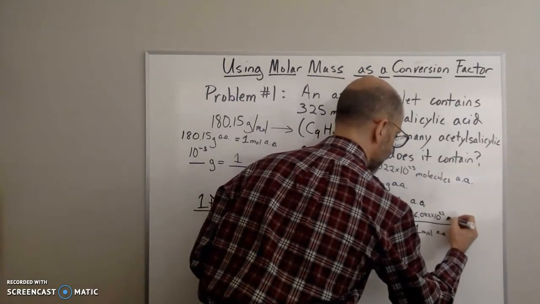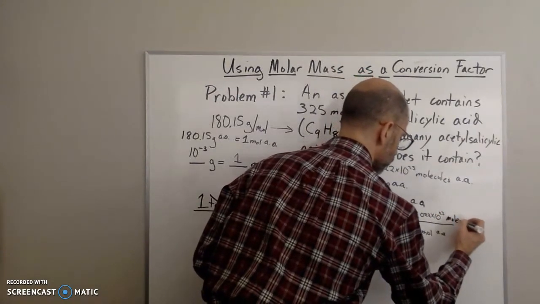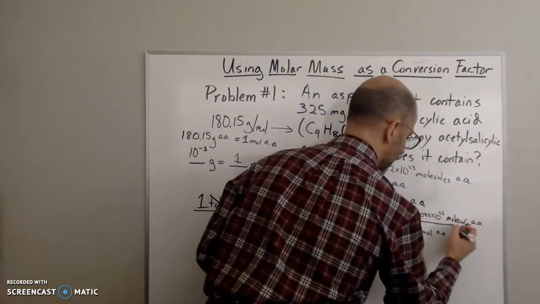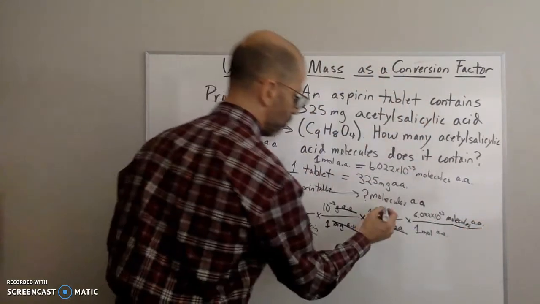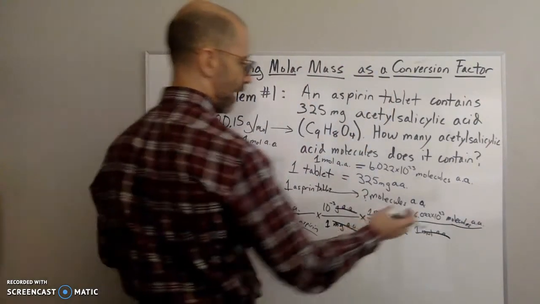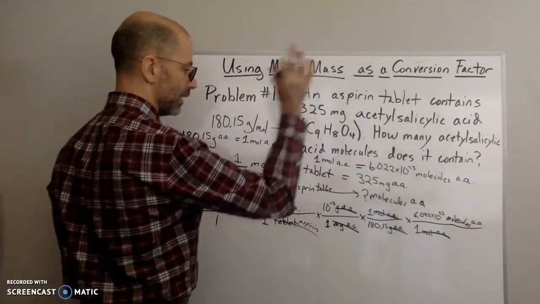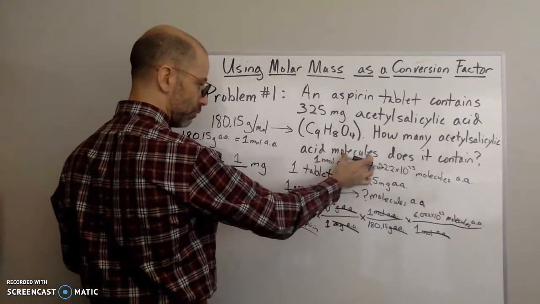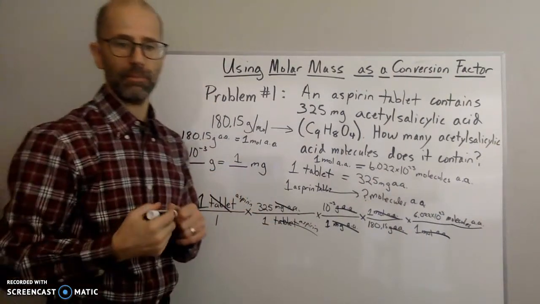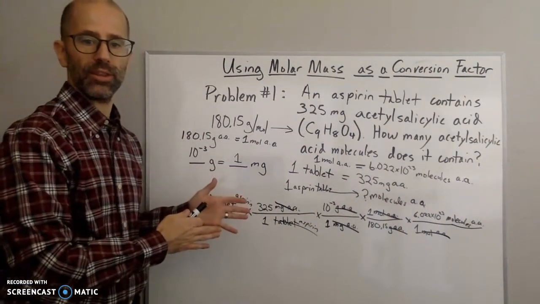And that's going to be molecules, not moles, molecules of acetylsalicylic acid. So moles of the acid cancel out. Now I have molecules. The problem is asking for molecules because that's where I need to end. Now I am done. I'm finished with the conversion.